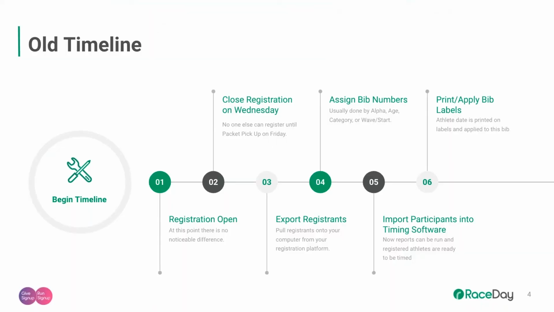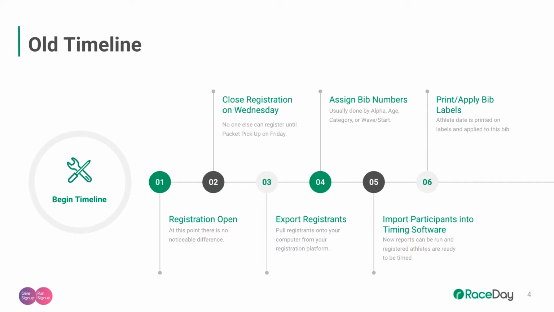So the old timeline of the way things went, and for some of you, this timeline might have been 10 years ago. For others, it might have been last month. Registration opens. There's no noticeable difference in your timeline at this point.